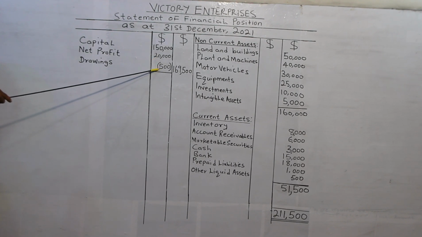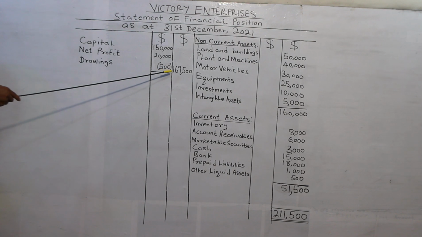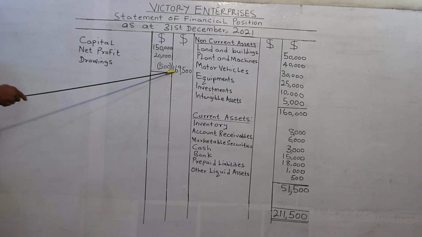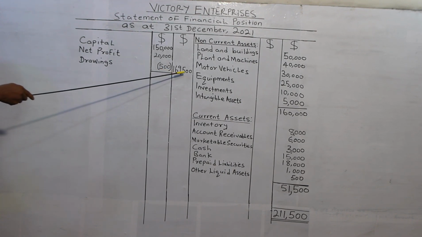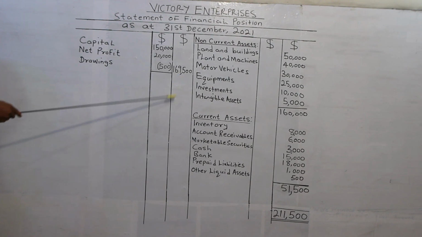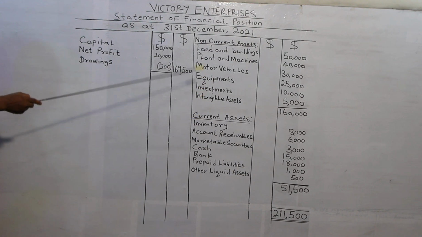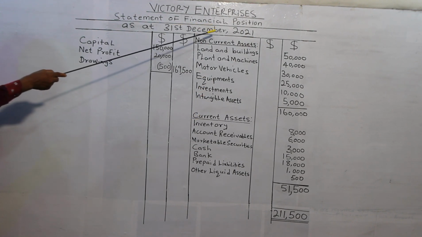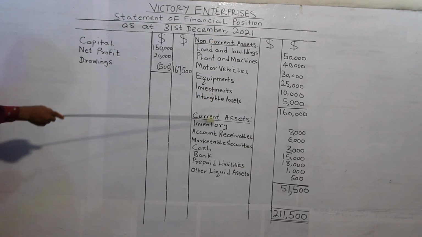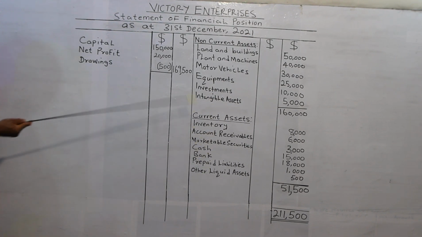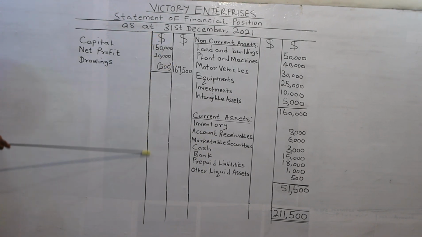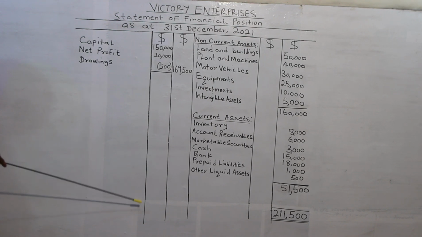Then you deduct either cash or stock drawings, $500. So the net capital is $169,500. Remember we said that the statement of financial position shows the assets of the business on one side and shows how the assets are gotten on the other side.